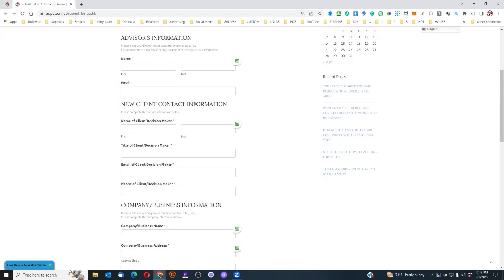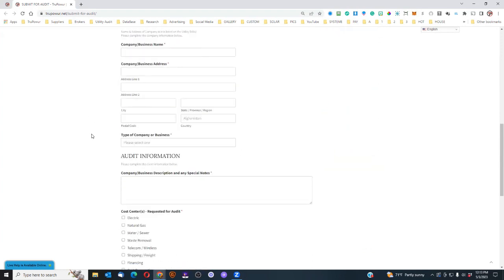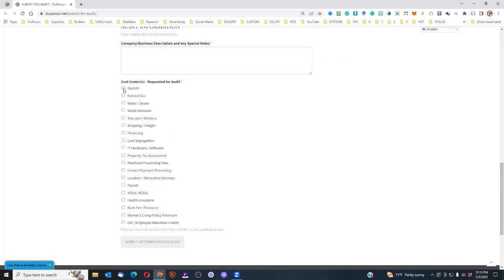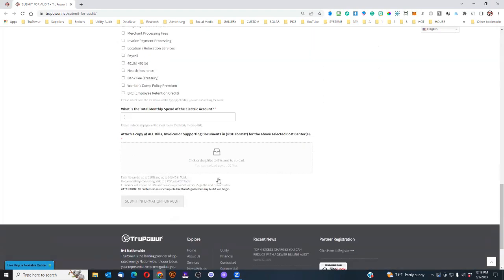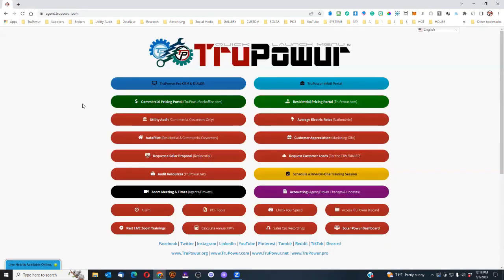So you want to put in your name, your TruPowur email address, the customer's information, and if they sent you an electric bill, then attach a copy of that electric bill and then hit submit. That will get that to the auditors and get them underway. And then we will follow up with you as to what those next steps are.